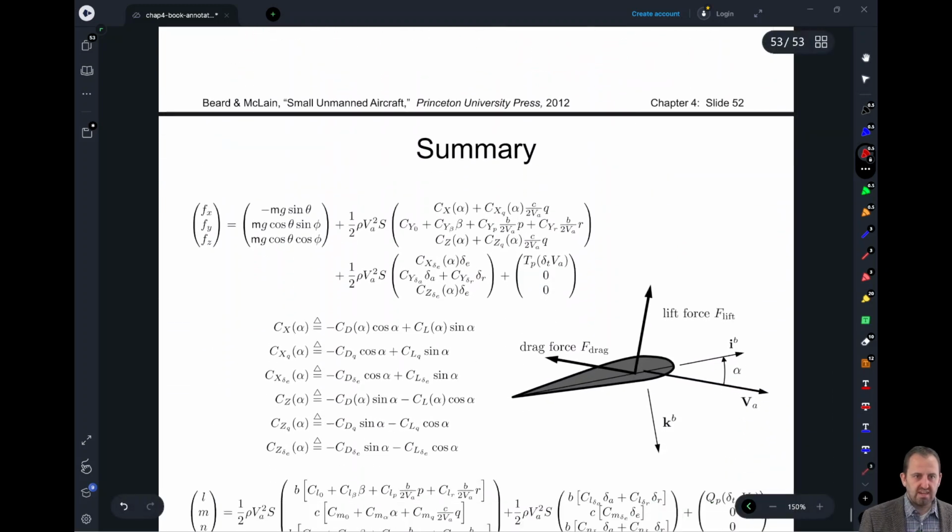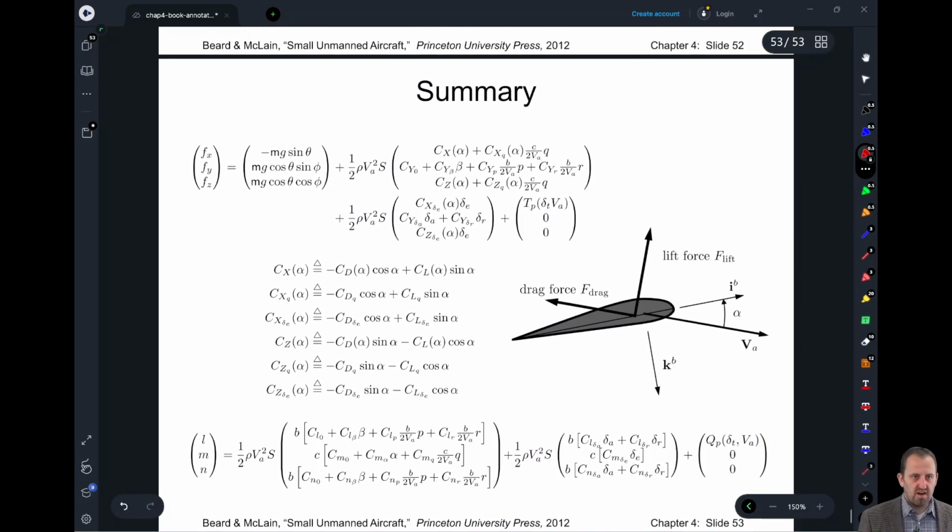So putting it all together, here's a summary of our dynamic equations, where we have our gravity, we have our longitudinal and lateral aerodynamics, we have our motor thrust and torque, or our propulsion.